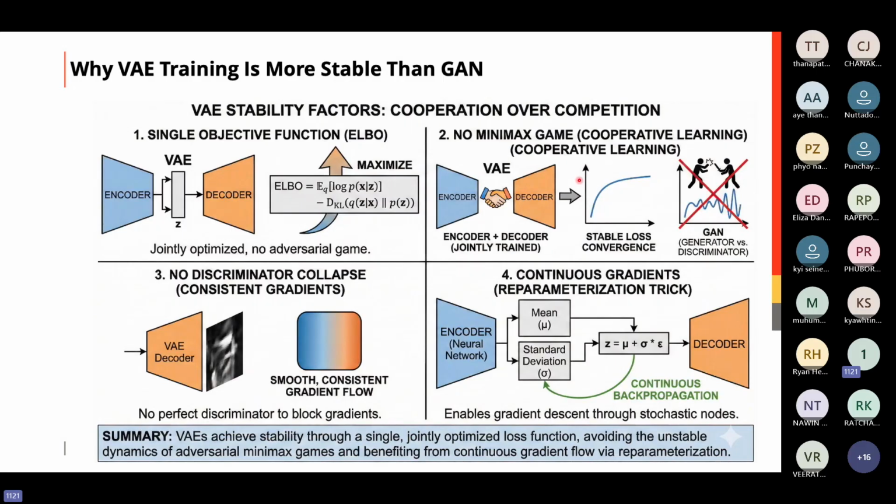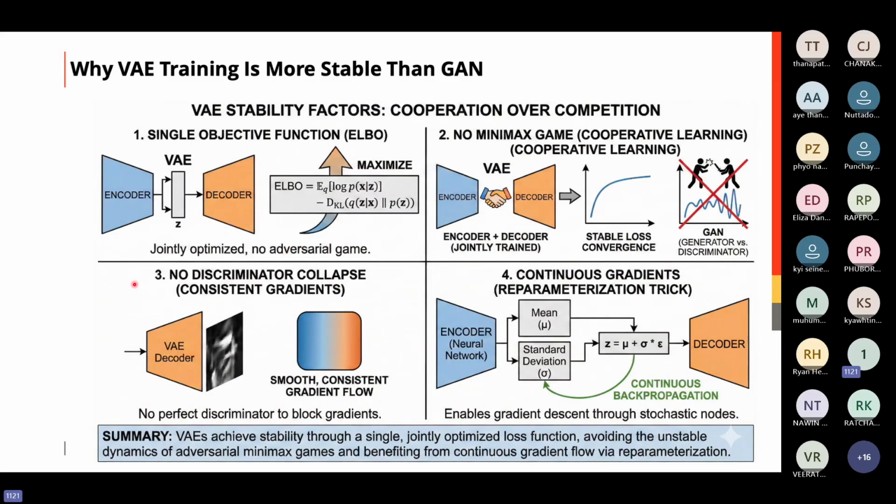There's no competition. The encoder and decoder work in cooperation. There is cooperation between the two, so it is more stable. While in GANs, one tries to compete with another, it fails. When you collaborate, then it works.